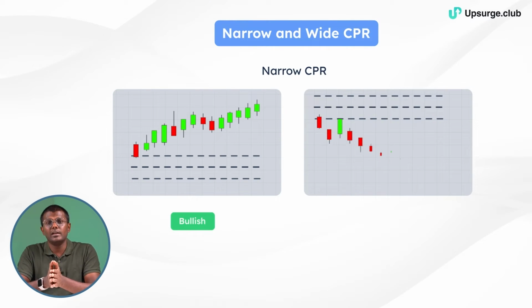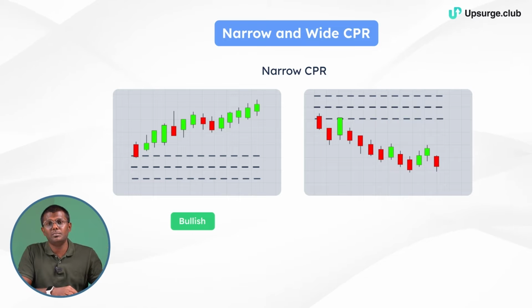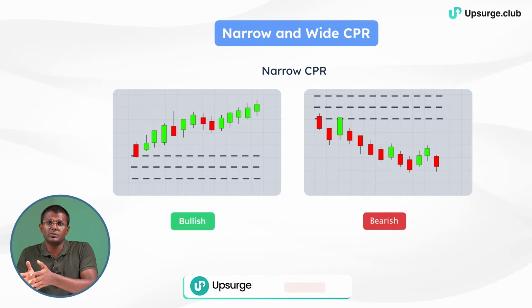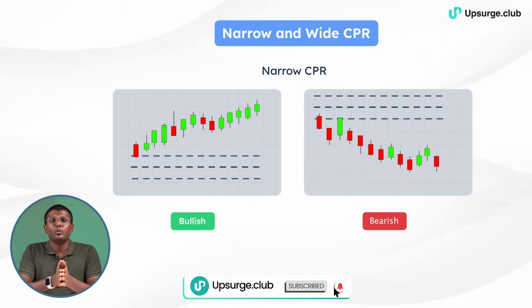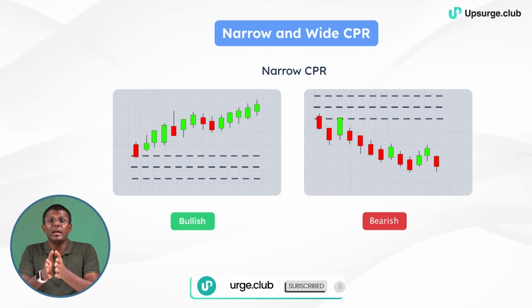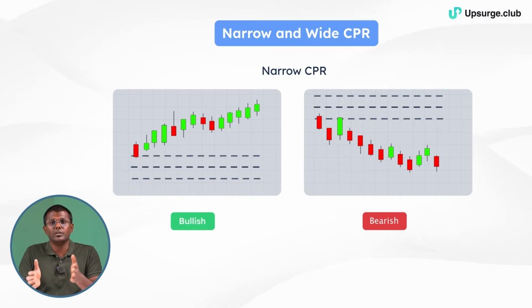And if the candles are trading below the daily CPR, then there are higher chances that particular day is going to be bearish. So, on a narrow CPR day, it's a day for option buyers and for directional option sellers. You can expect a trending move and you should avoid non-directional strategies.